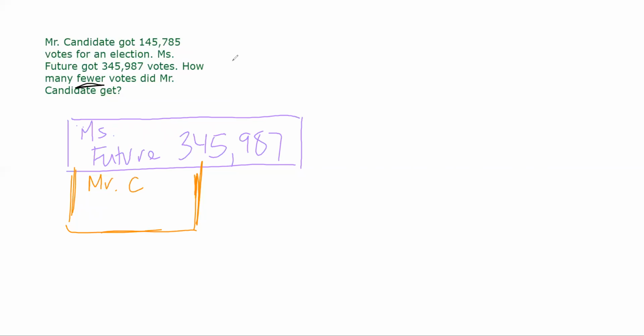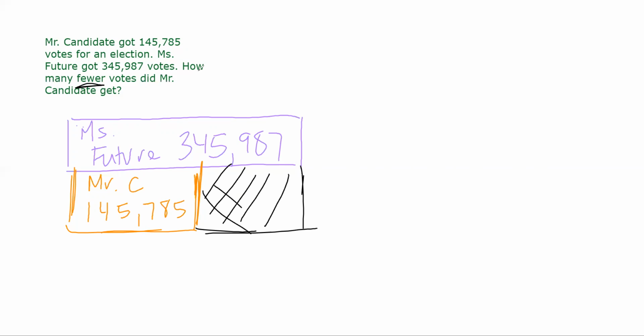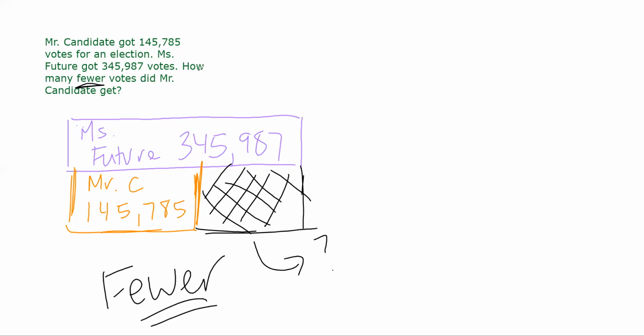I'm going to call him Mr. C. 145,785. So this question is asking, what's the difference here? How many fewer did he get than Ms. Future? So this is one of those things where I have a total, I have one part, and I need to find the other part. So that means I am going to subtract my two numbers.